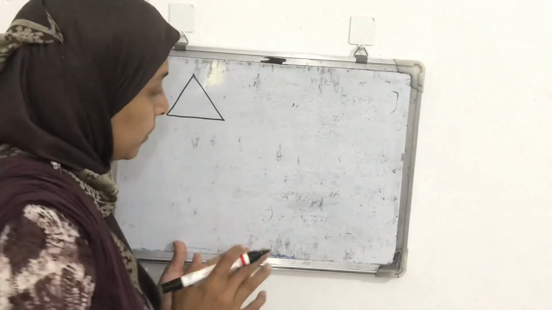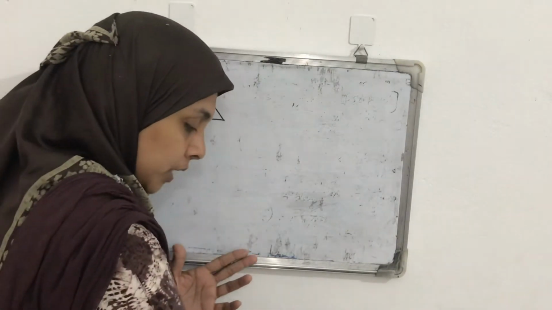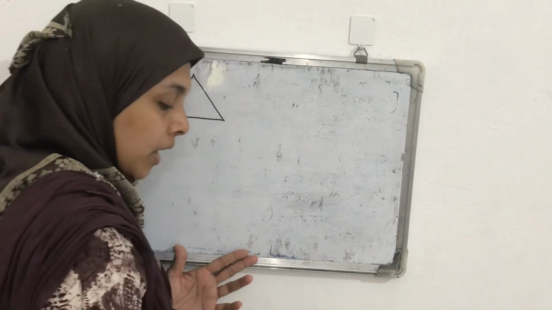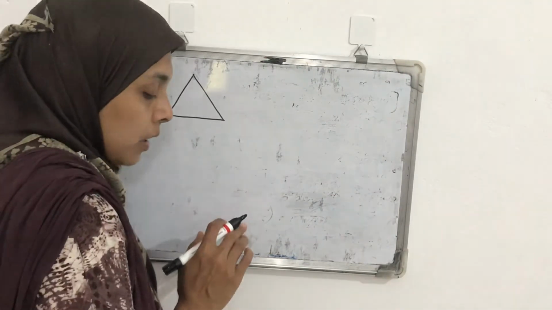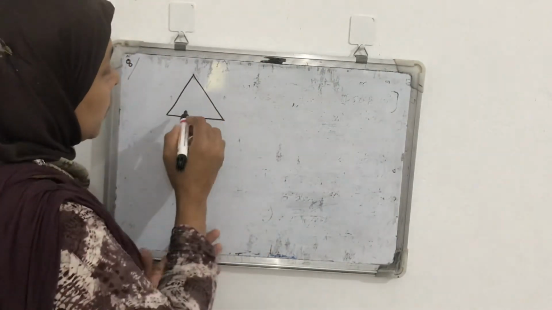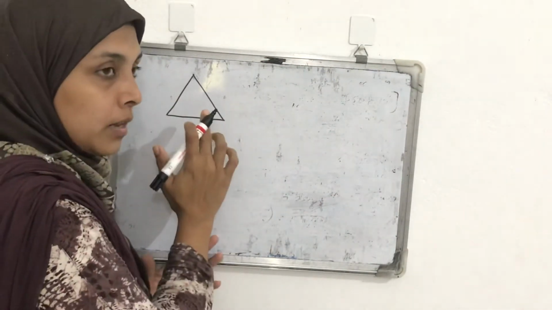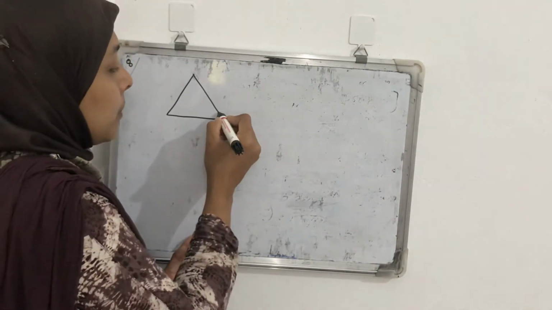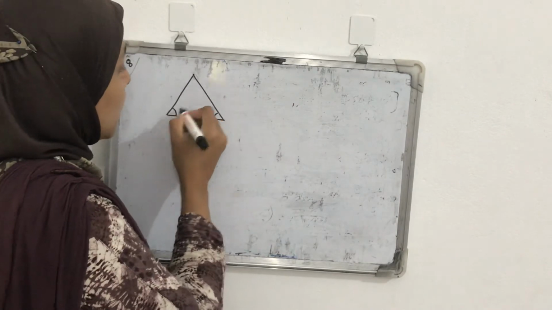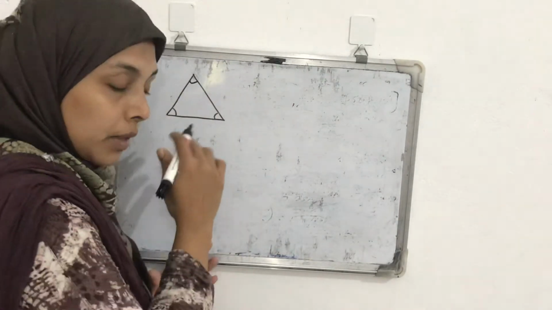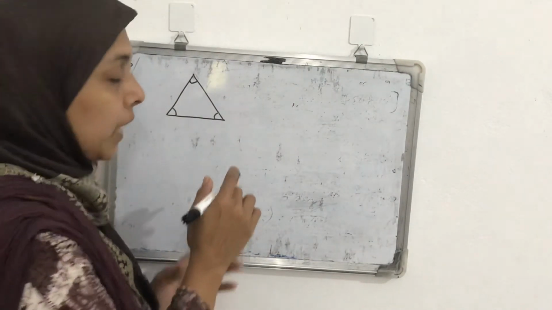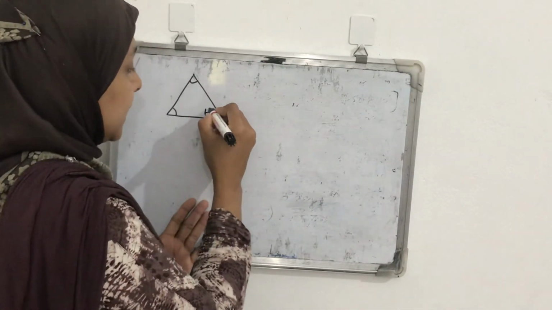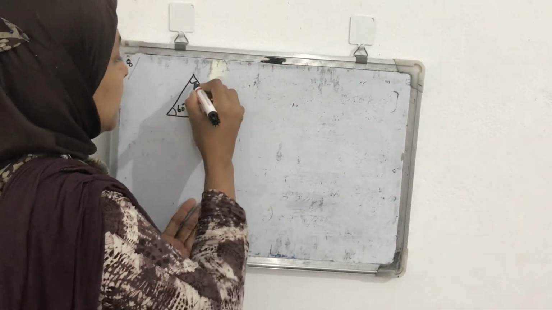Three sides should be equal. If it is a regular triangle, each angle will be how many degrees? We know the sum of the three angles is 180 degrees. So each angle will be 60 degrees.